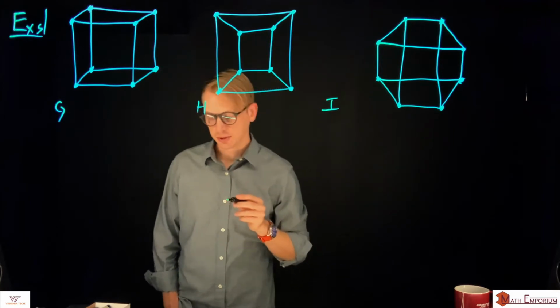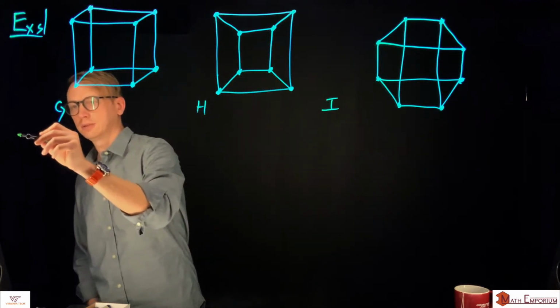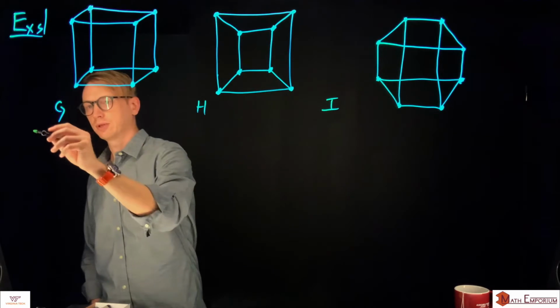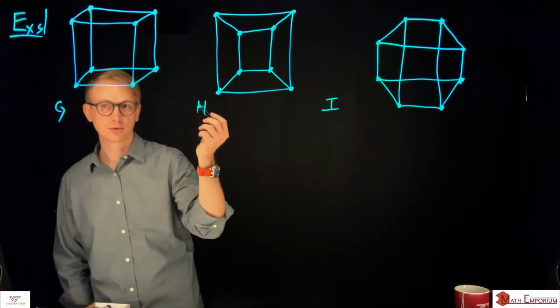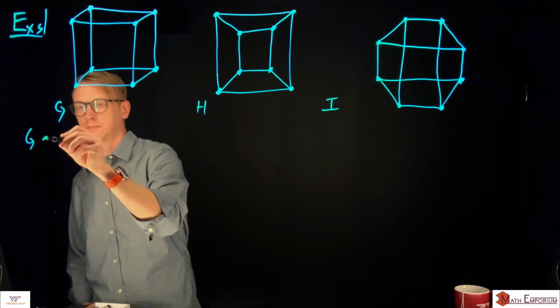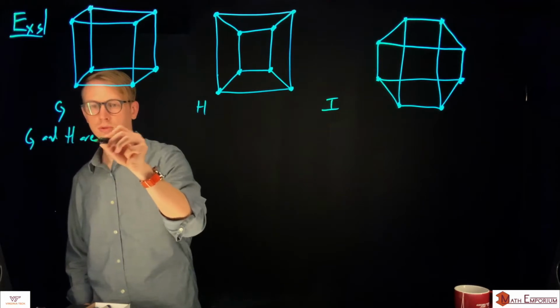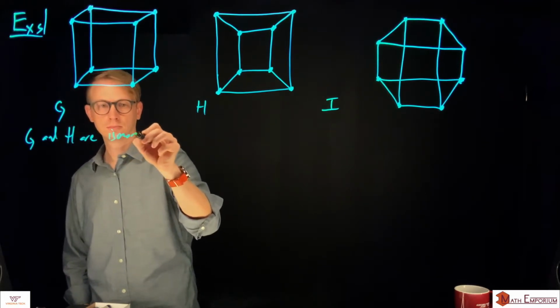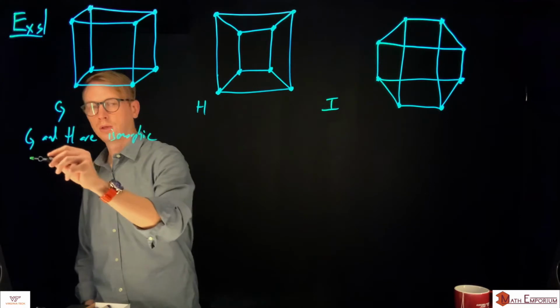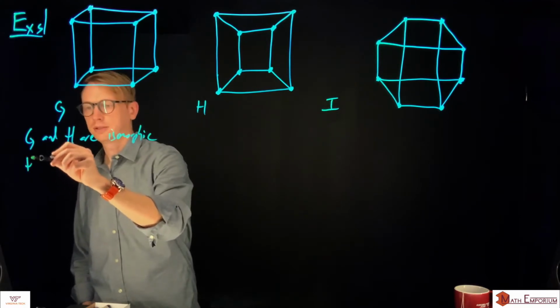But there is a concept that's incredibly important here, and that is all 3 of these graphs are isomorphic to one another. So in fact, there's 3 statements I can make. G and H are isomorphic. H and I are isomorphic.